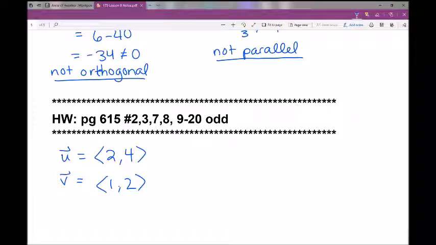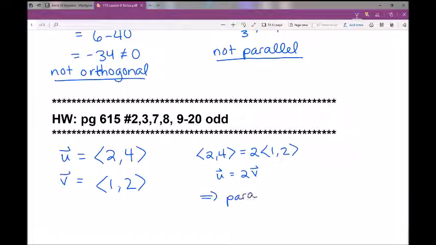So to show that these are parallel, all you have to do is either check their slopes or show that one is a multiple of the other. So in the case of the vector 2, 4, what we could do is factor out a 2, and we would end up with the vector 1, 2. So what this shows us is that vector u is 2 times vector v, which shows that these two vectors are indeed parallel. Okay, so that's just an example of two vectors that would be parallel.